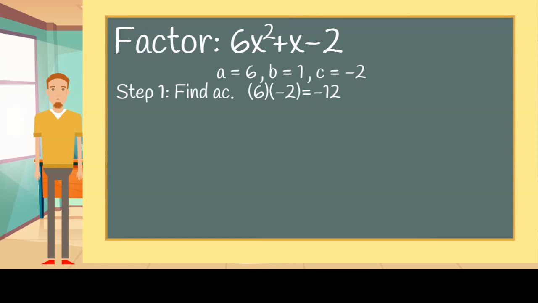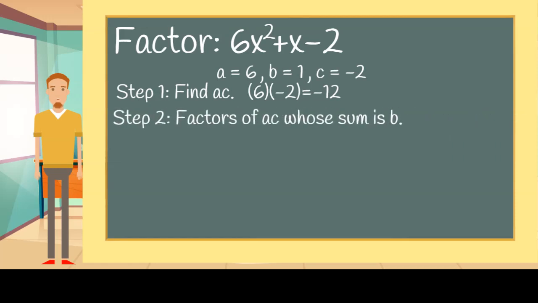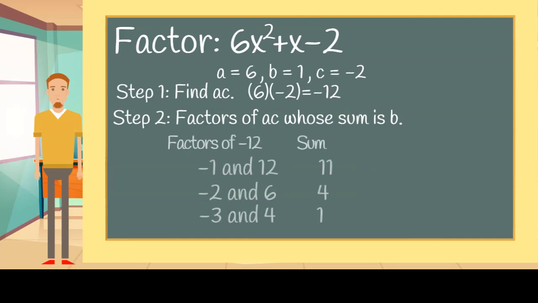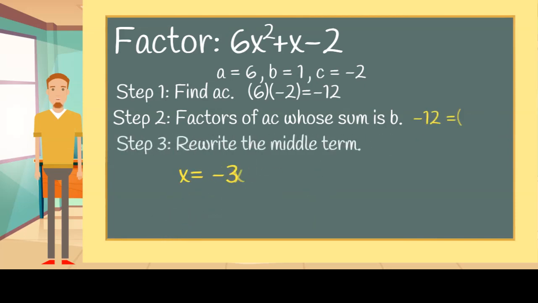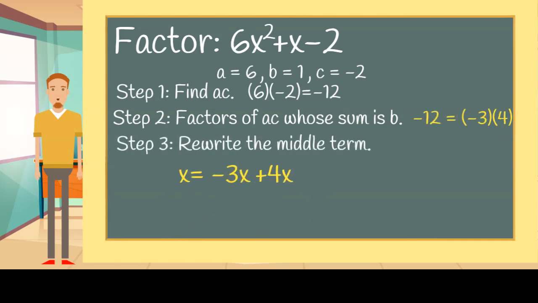Their product is -12. Then we list the factors of -12 that will give a sum of 1. The correct factors are -3 and 4. Then we rewrite the middle term, x as -3x plus 4x.